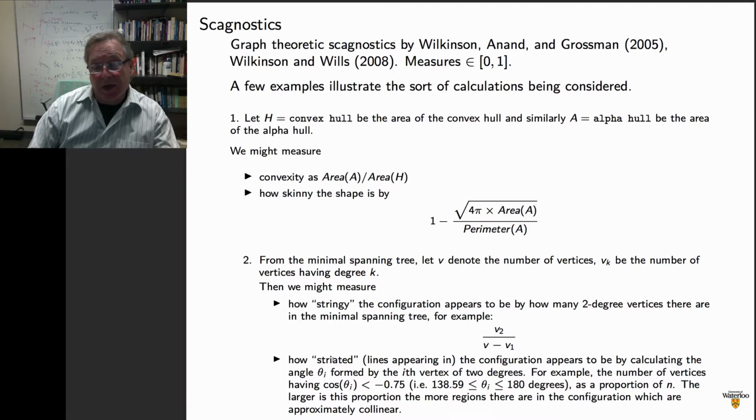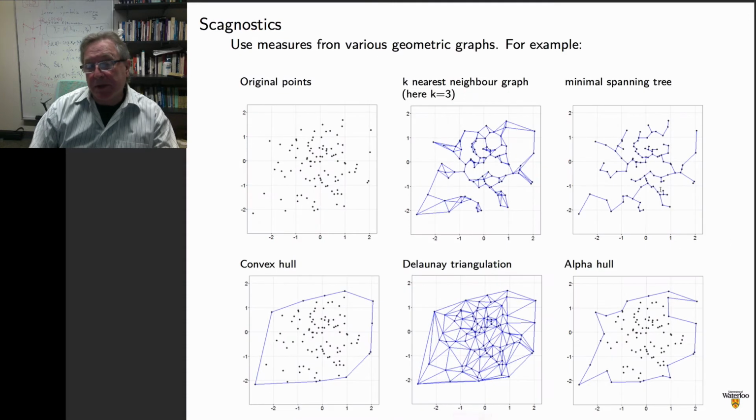We might look for lines. This is called striation, looking for lines in the scatter plot. And we could do that again looking back at this minimal spanning tree. Again, stringy if there's lots of these 2-degree things, and not so stringy if there aren't so many. And look for lines. Well, if the angle formed between every pair of edges on a vertex of degree 2 is near 180 degrees, then this is close to a line.